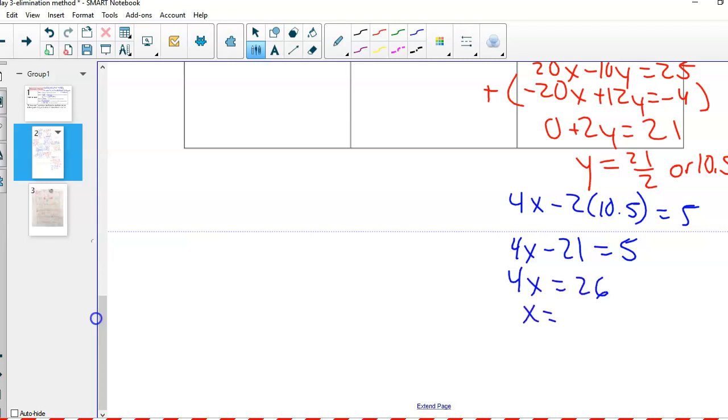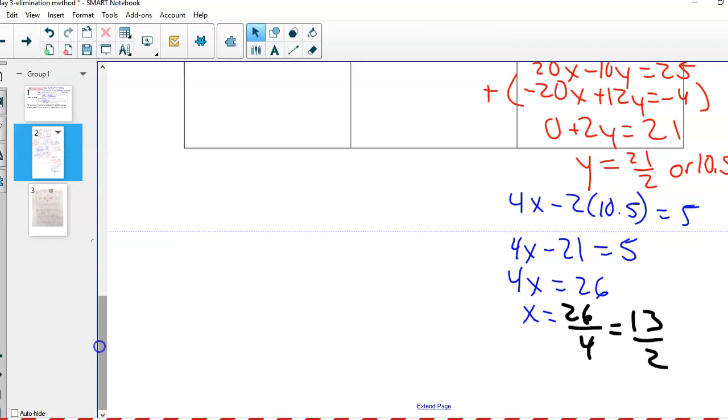Are you asking a question about this? Yes. It says 21 over 2, or what? 21 over 2, or 10.5. So x is 13 over 2 or 6.5.